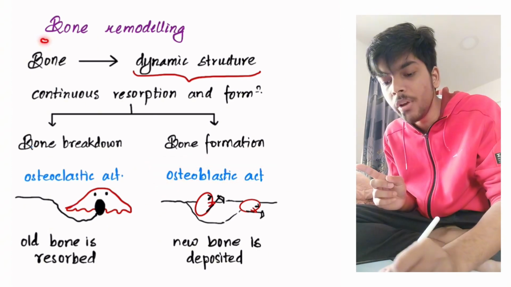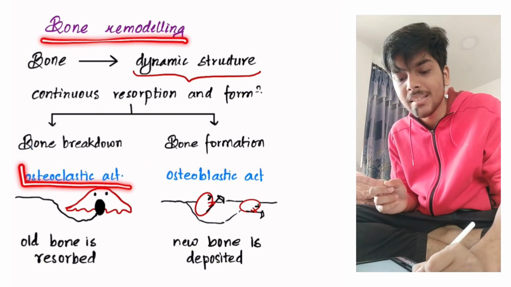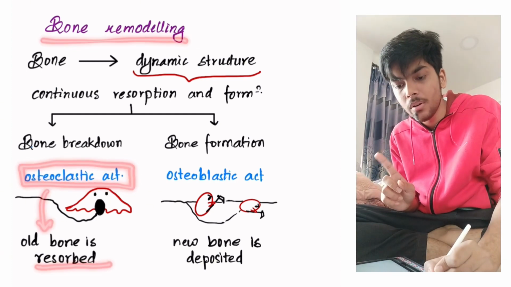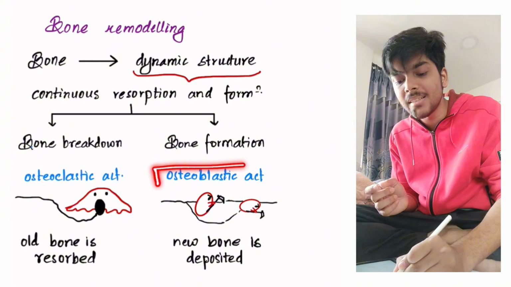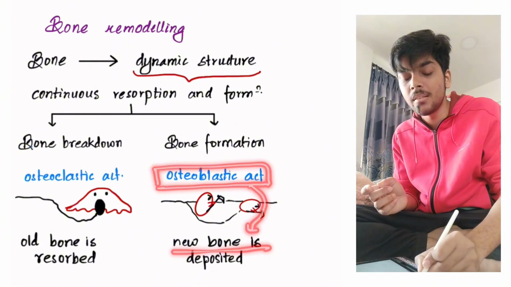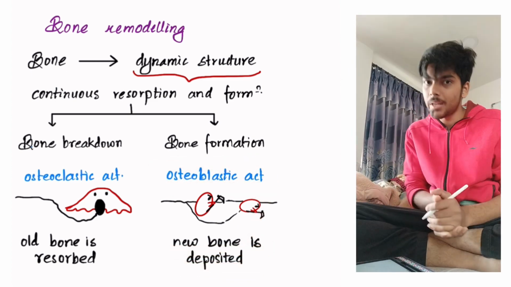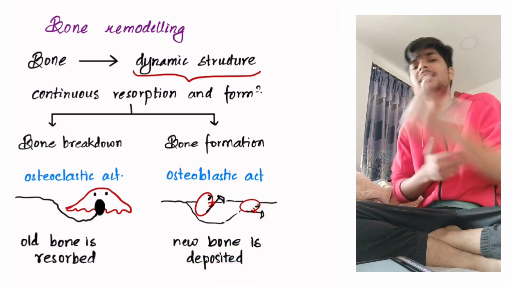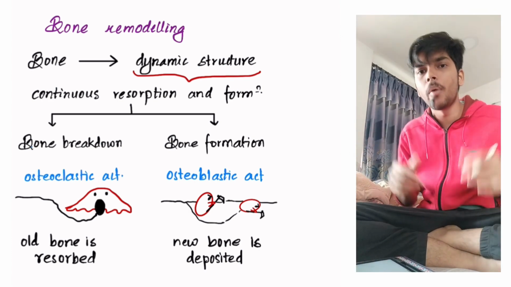So during bone remodeling, there's your osteoclastic activity where the old bone gets resorbed or broken down. And then there's your osteoblastic activity where the formation of new bone cells take place and the deposition of new bone takes place.